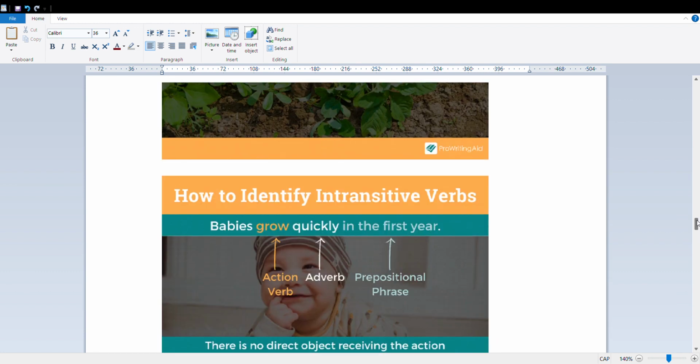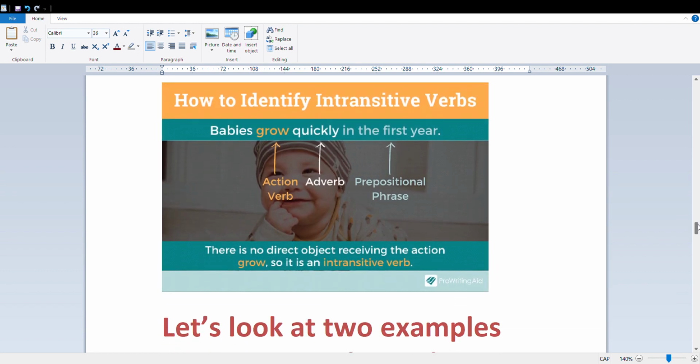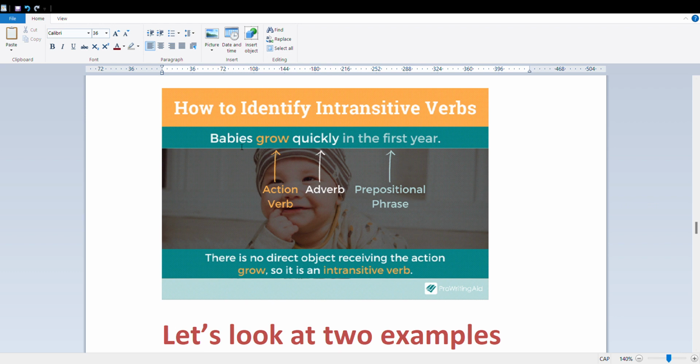See, how to identify intransitive verb. Babies grow quickly in the first year. Okay, so grow will be your action verb. And quickly is an adverb as we all know.